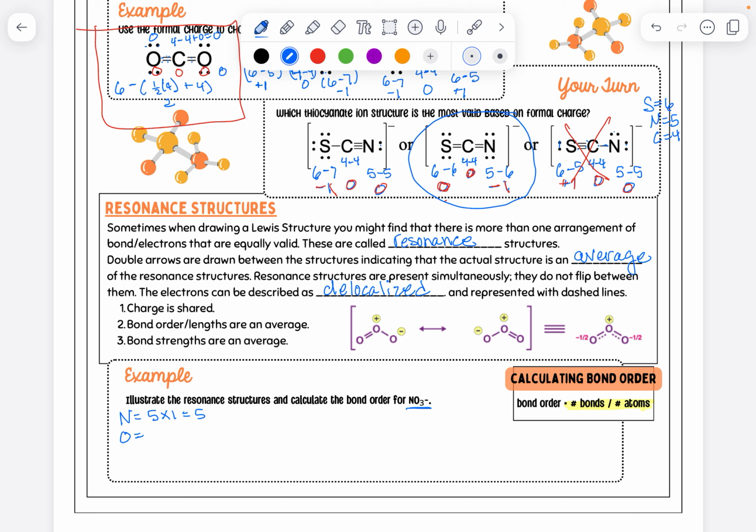And we know that oxygen has 6 valence electrons from our previous example, and there's 3 of them. So that is 18. And then we have this little negative here. We can't ignore that. So that's an electron. We have 1 of those. So we have 24 electrons total.